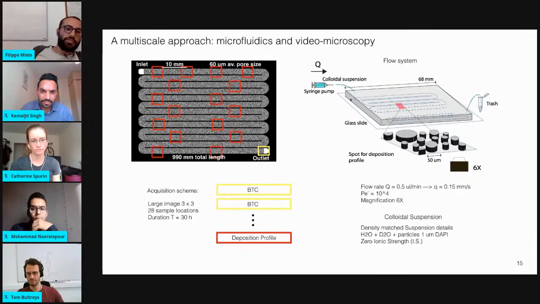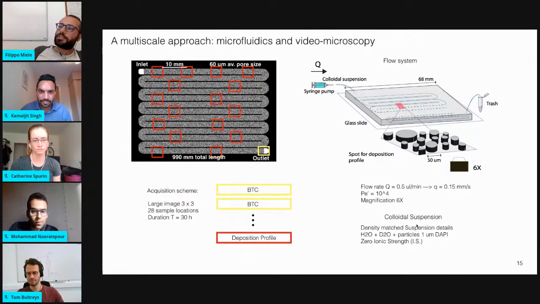Here you see an example of the flow system. We continuously inject fluorescent particles. The flow rate was chosen in order to have a mean velocity of around 150 microns per second, which corresponds to a Péclet number of 10 to the power 4. We use a 6x magnification for the objective.